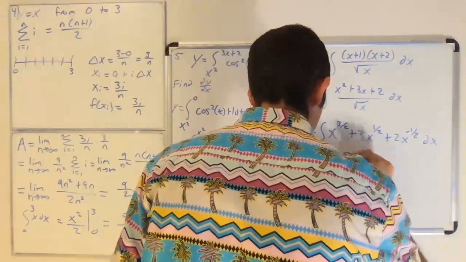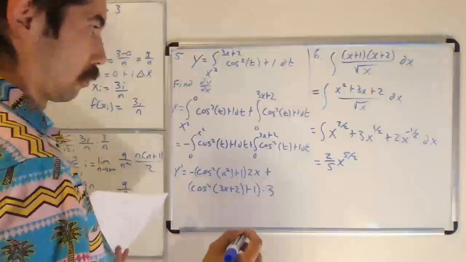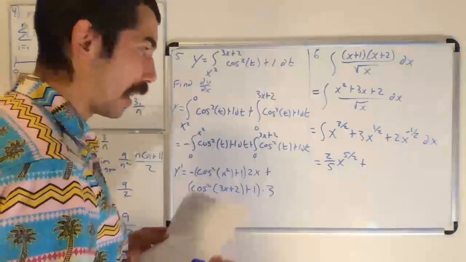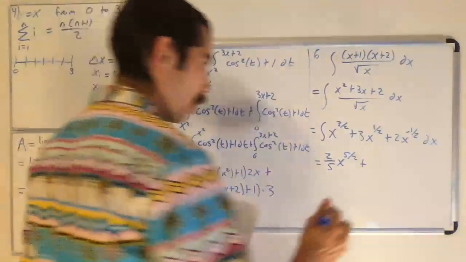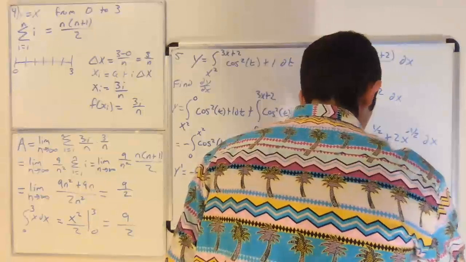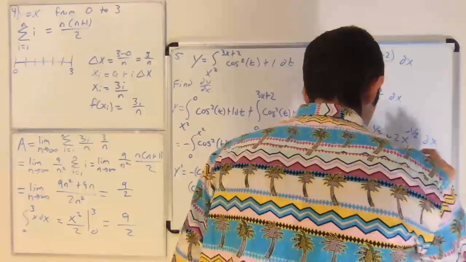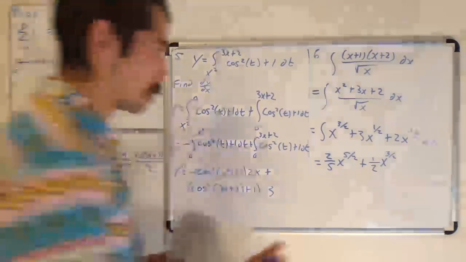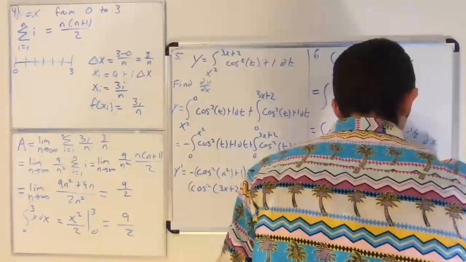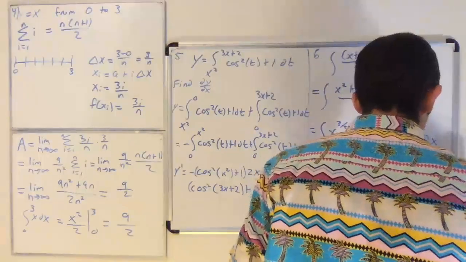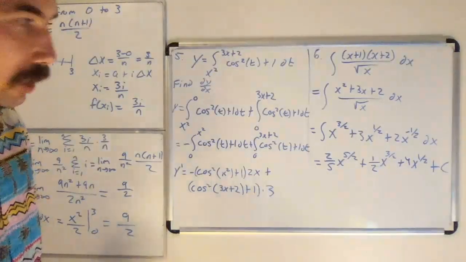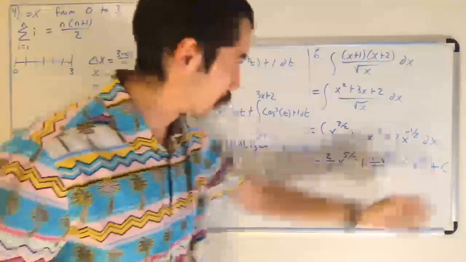So it's 2/5 x to the 5 halves plus 3 over 3 halves is 1/2 x to the 3/2. 2 over 1/2 is 4, so plus 4 x to the 1/2 plus c. Right, we have an indefinite integral, so our answer should be an entire family of functions. So we should have a plus c at the end.